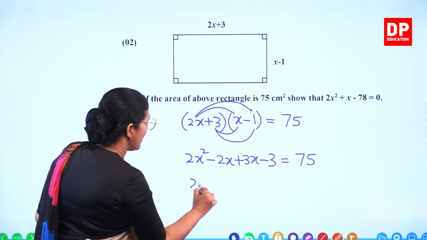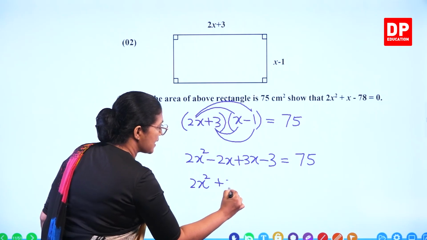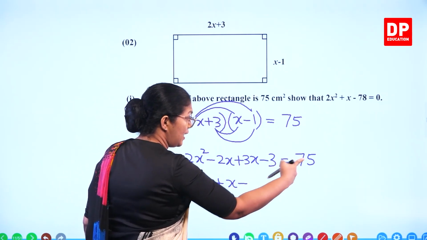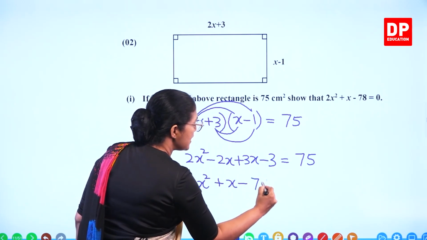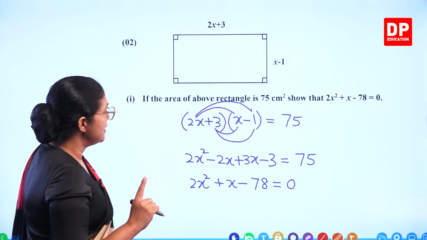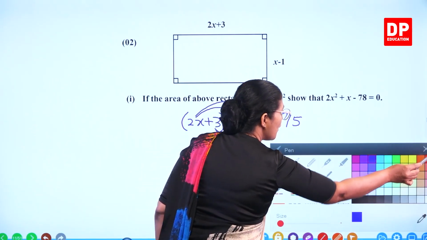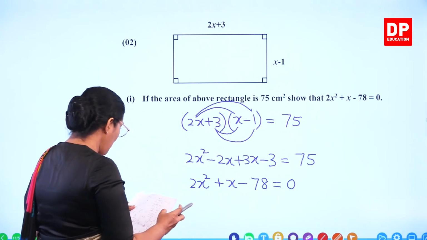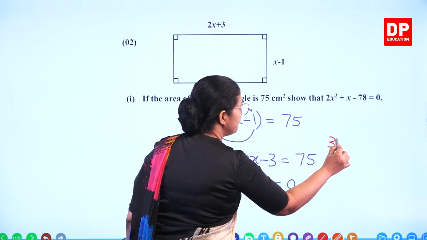Now you get 2x squared, minus 2x plus 3x is plus x, minus 3 minus 75 becomes minus 78. So you get the same equation. How many marks can we give for that? You can get 3 marks for that.